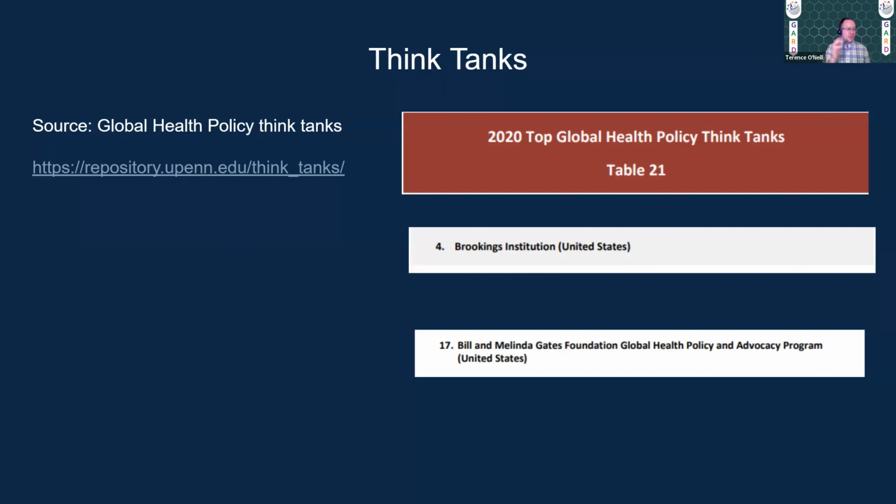So that resource is a 350-page PDF. I won't look at it right now, but it is broken down by chapters of content areas. And they have this list of top global health policy think tanks. So I went through, using tuberculosis as that easy top-line keyword, and found a couple that were relevant.